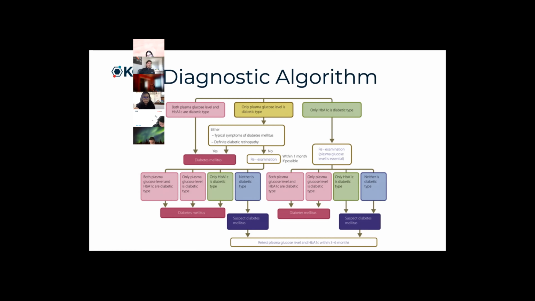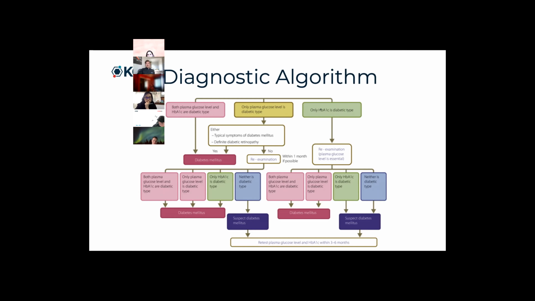Or maybe they're pre-diabetic, or maybe they're severely diabetic and need to have some sort of operation right away. So here's a decision tree where you're thinking about, okay, what is the plasma glucose level?